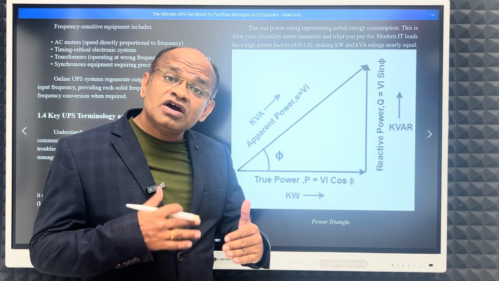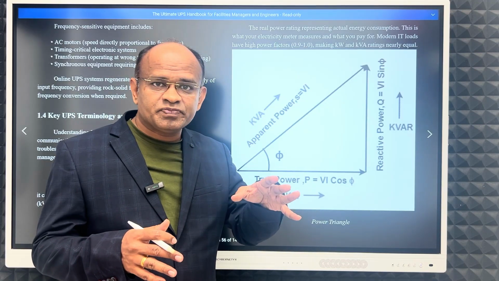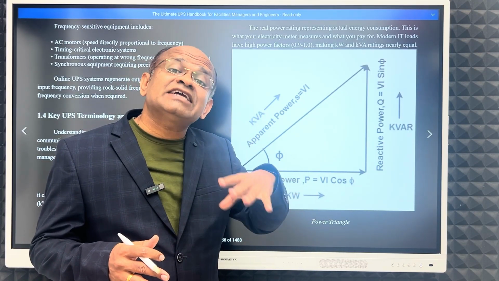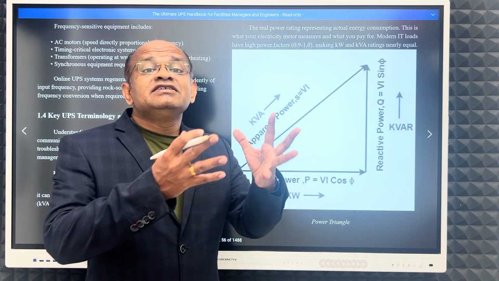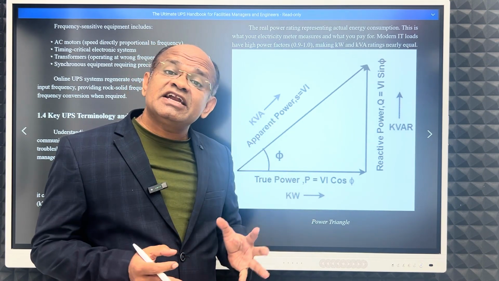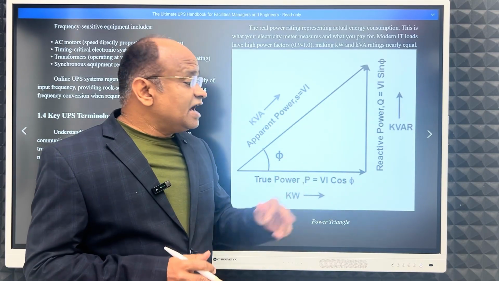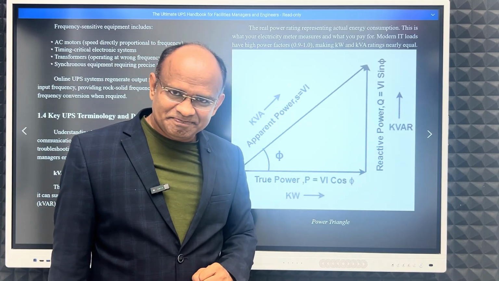But when is work done? When the motor is moving, that is actual work done. But just facilitating the magnetic field also requires some amount of energy, and that is reactive energy.